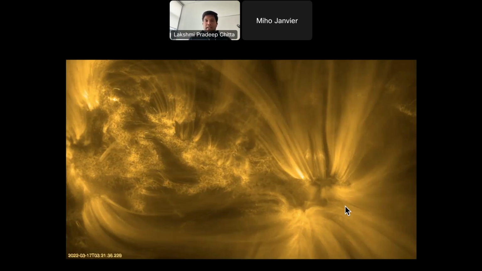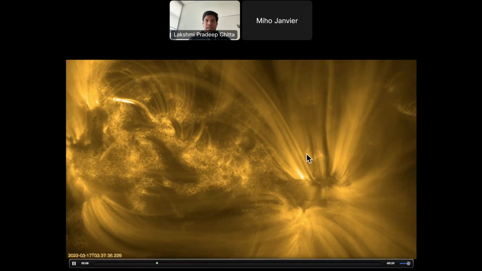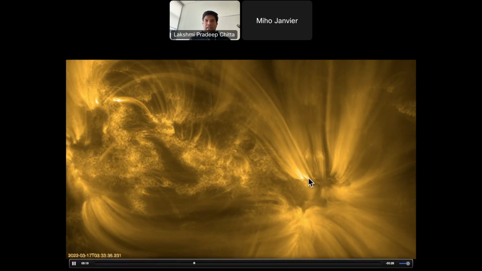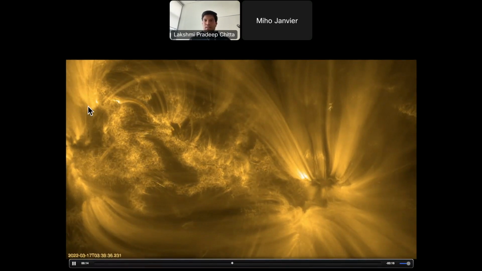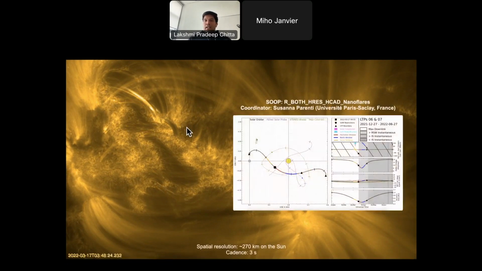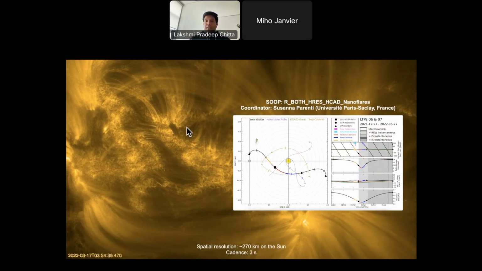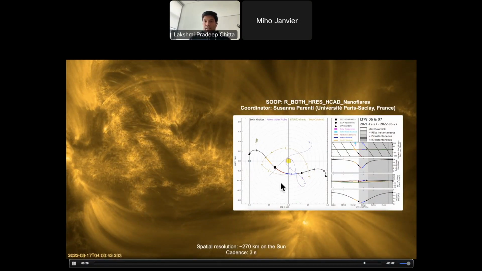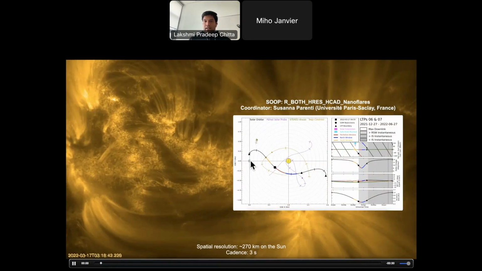Now, this is the observation of an active region. As you can see, there are these very long loops that are connecting these regions that we call the sunspots. Here you cannot see the sunspots themselves, but the underlying magnetic structure of the sunspots. These observations were recorded in March of 2022, when in this particular coordinate system, Sun is in the center and Earth is to the left.